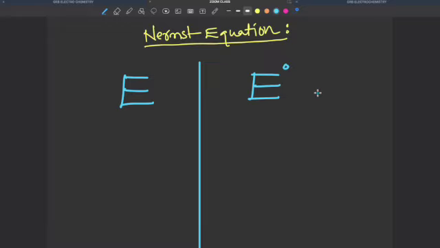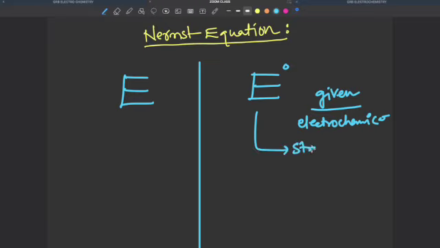These E naught values are given to us. From where are they given to us? From the electrochemical series. Using the electrochemical series, these E naught values are given to you. These are standard values, so they are not going to change.